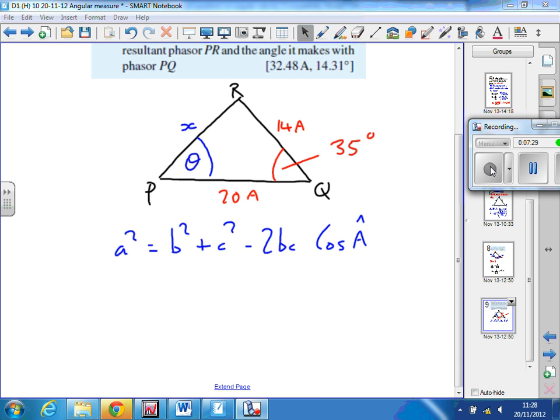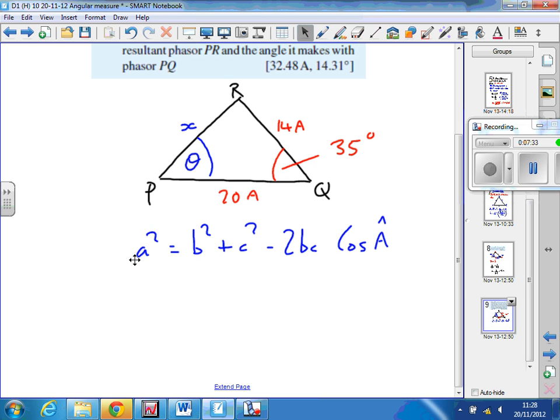To be able to use the cosine rule, it's set up in this way to find a side. So in other words, that is going to be our x. And to find x, we need to know the other two sides, which we do, 20 amps and 14. It doesn't matter which we call b and which we call c.